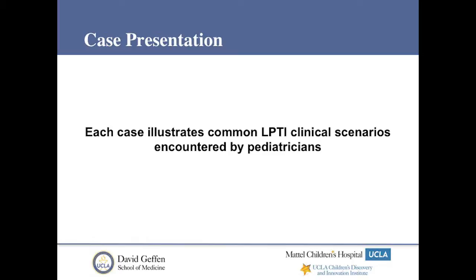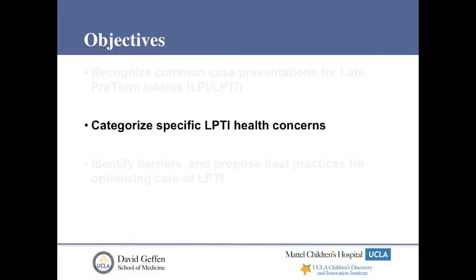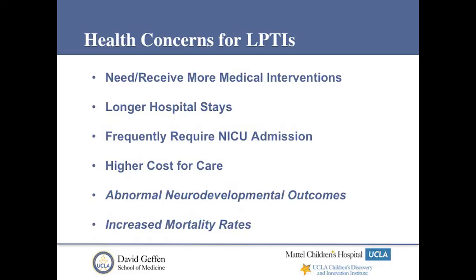Well, the thing about each of these cases is they all clearly illustrate the type of scenarios that are encountered by pediatricians as they're required and expected to take care of these patients once they leave the nursery and or leave the NICU. So let's go into some of the specific health concerns that we need to consider for these patients that are maybe a little too well for a NICU stay, but not exactly a well baby.